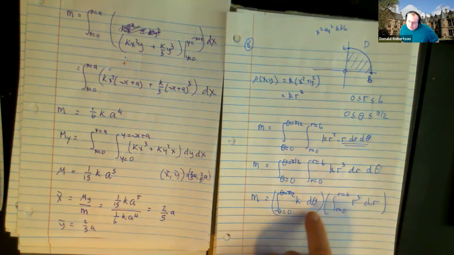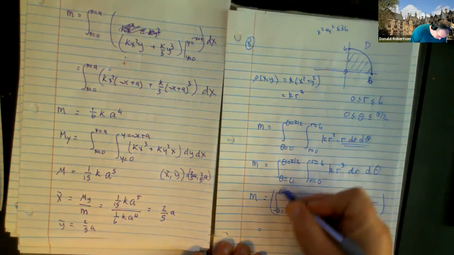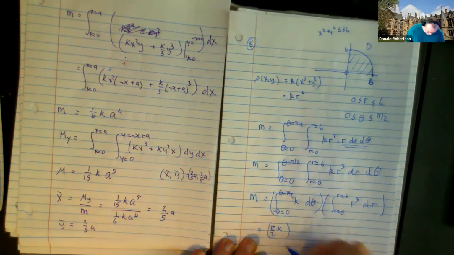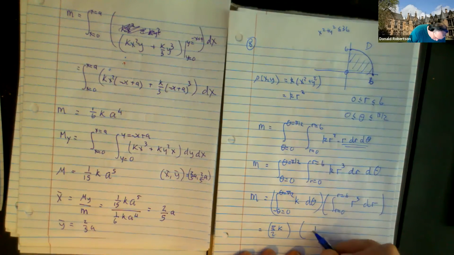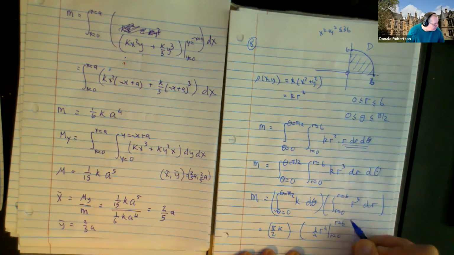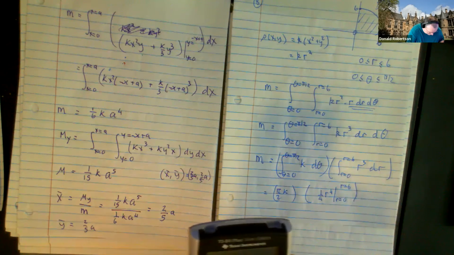I just decided that's the order I'm going to do it. If you do this one, you will eventually get pi upon 2 k. If you do this one, you'll get 1/4 r to the 4, evaluated at 0 and at 6. And that's not nice.